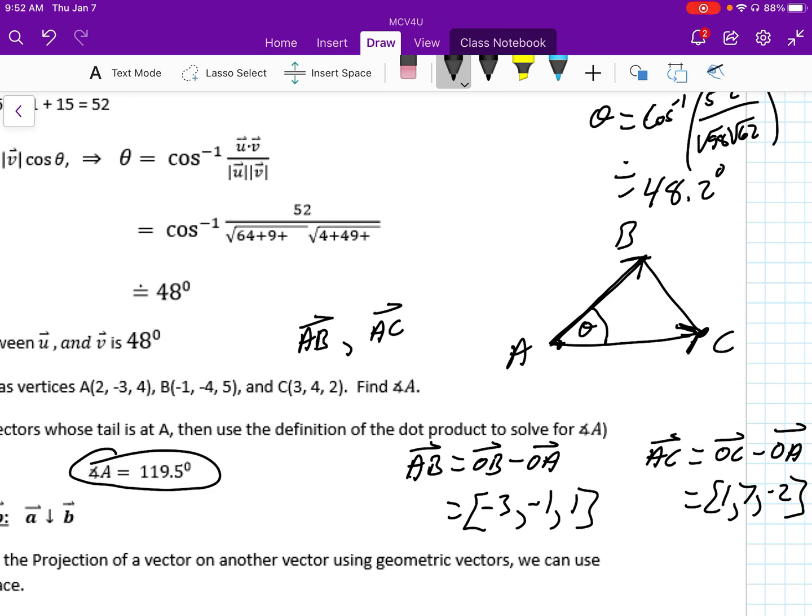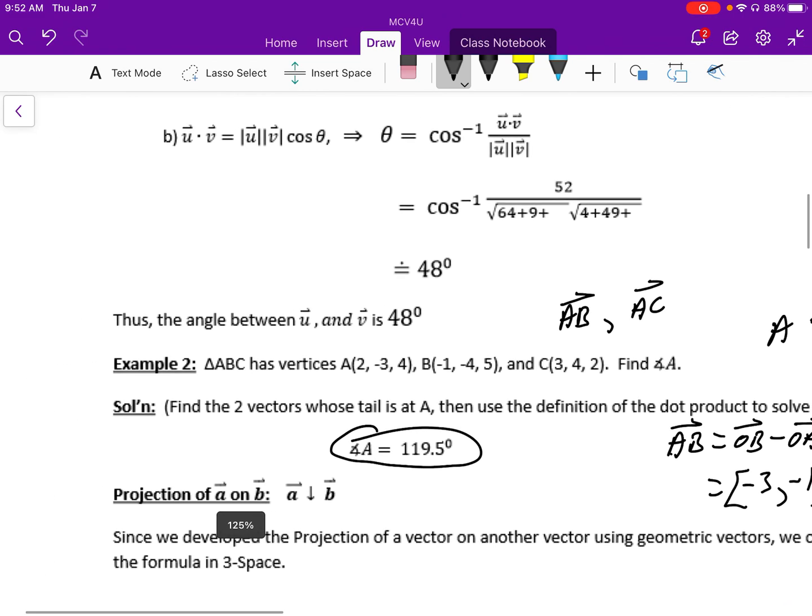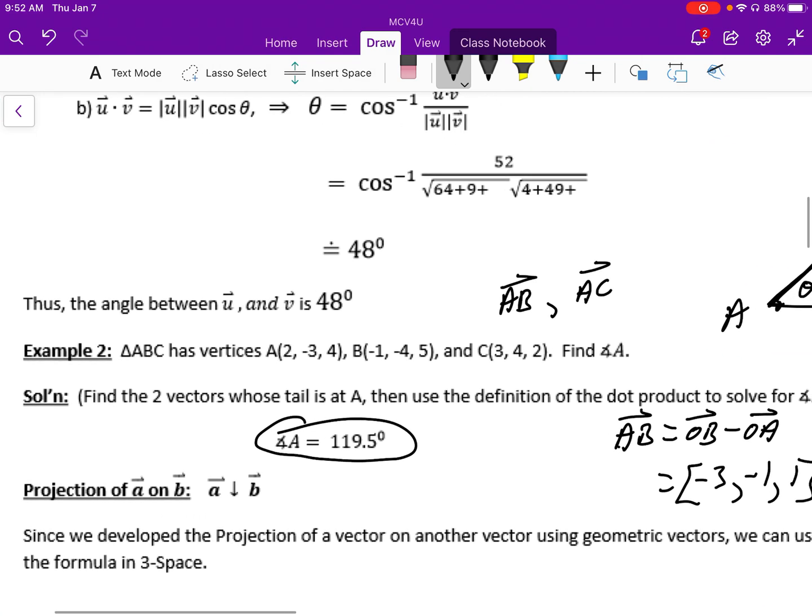So next concept, the projection of A onto B. We symbolize it this way. Again, we formulated this using geometric vectors in 2-space. It's the same concept in 3-space. We don't have to redo what the projection is.